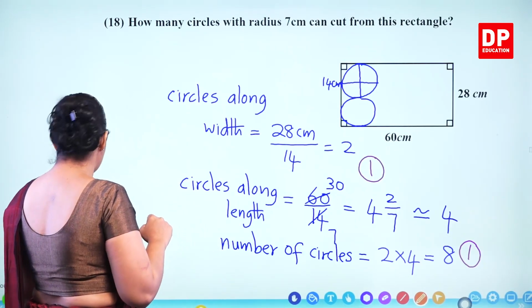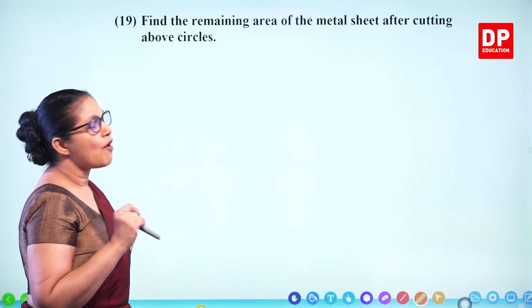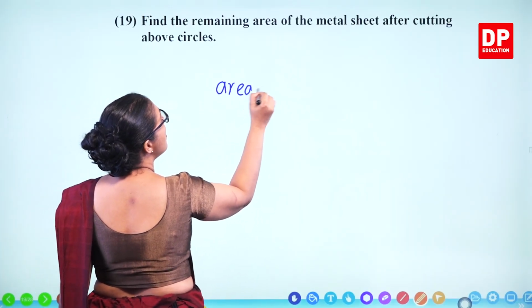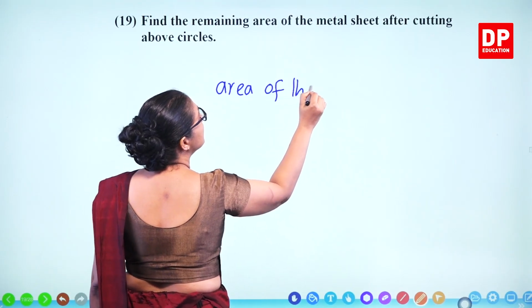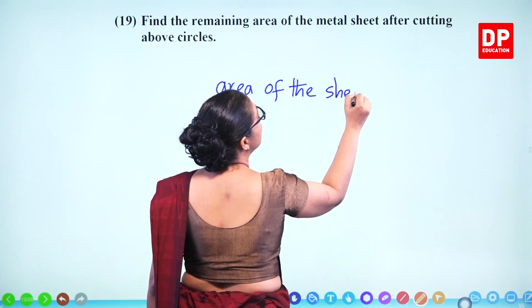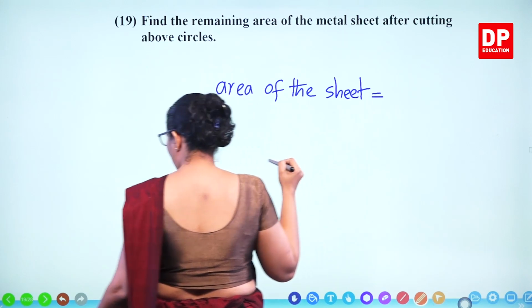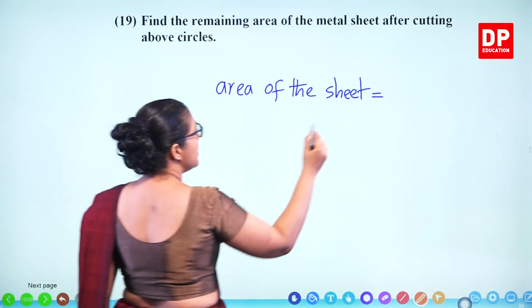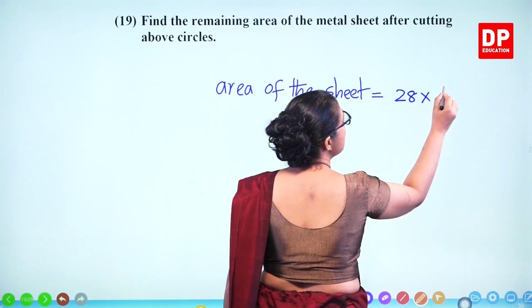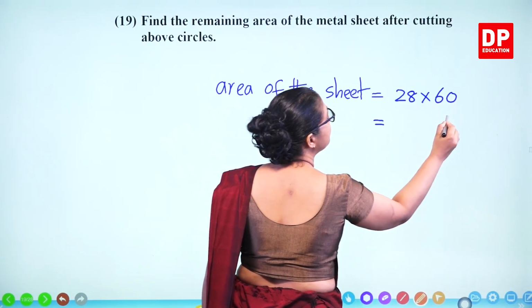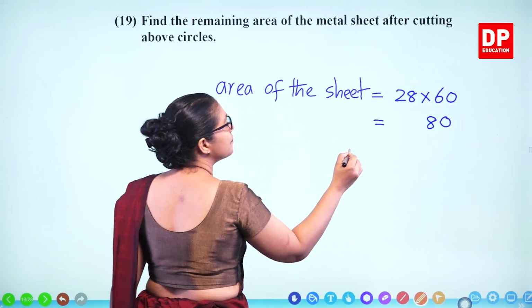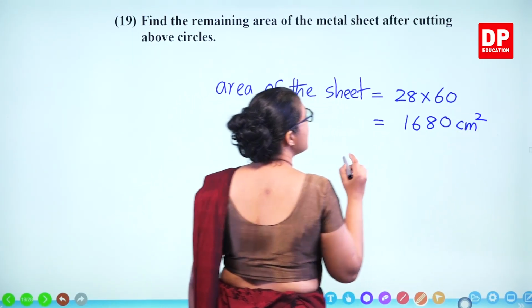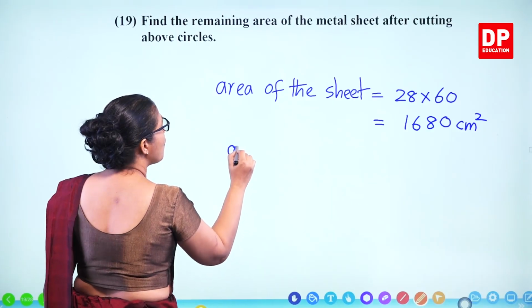They are asking the remaining area of the metal sheet, so you have to find the area of the sheet. 28 times 60 is 1680 square centimeters.